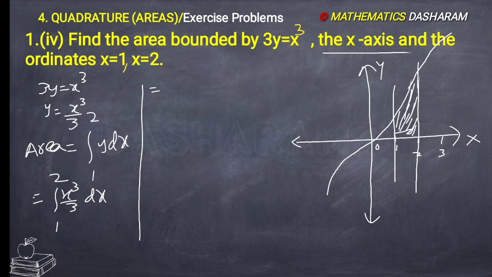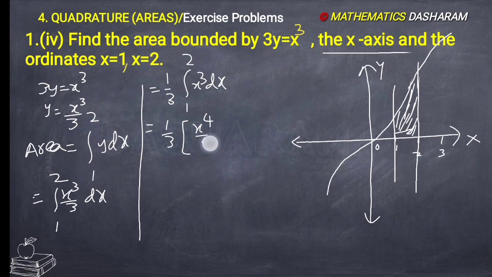Here 1 by 3 is a constant, so 1 by 3 integration 1 to 2 of x cube dx. The integration of x cube is x to the power of 4 by 4, from 1 to 2. Now substitute the limits.